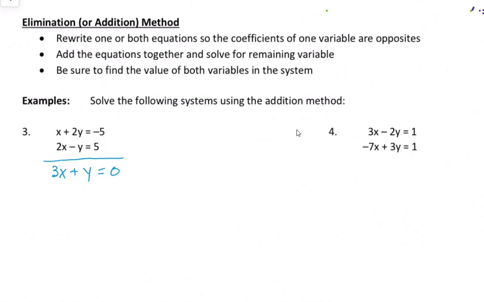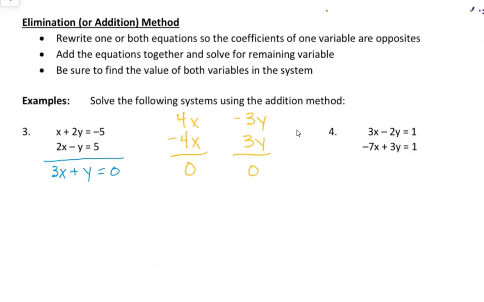To do that, think about what would make that happen. Take, for example, let's say that I had 4x added to negative 4x. That would drop out that x term. Or if I had negative 3y added to a 3y, that would drop the y term out.